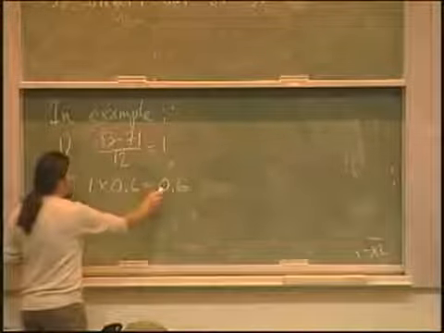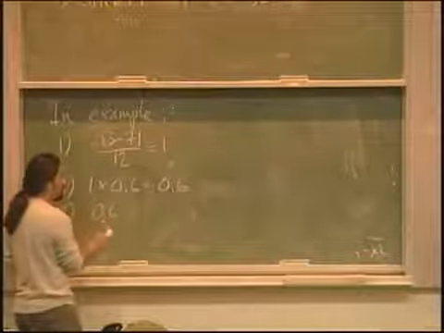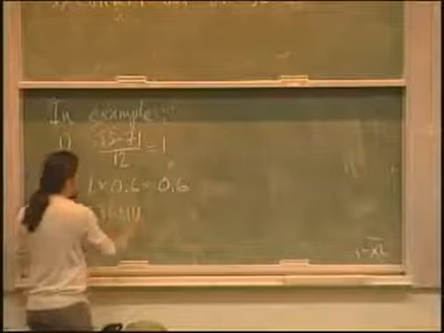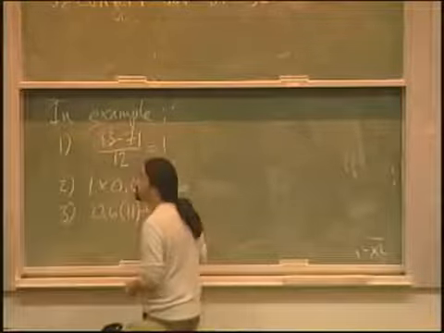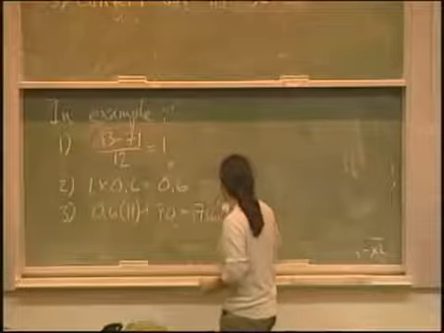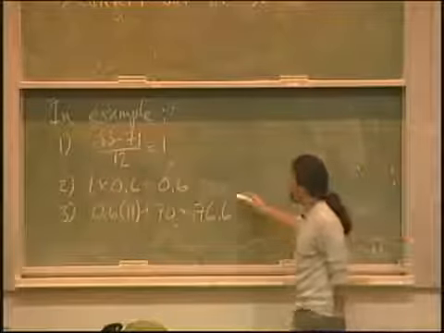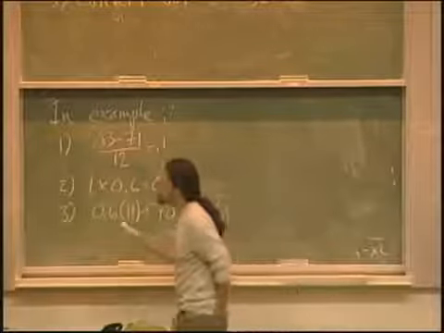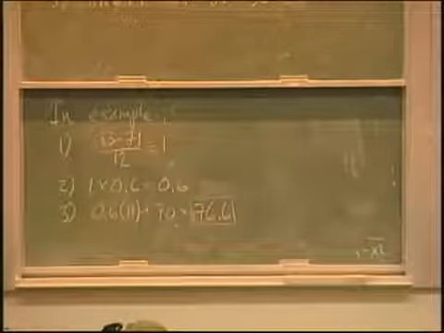This means 0.6 SDs above average. So 0.6, and it's for a final score, right? So 0.6 SDs, that's the final SD, plus the average of the final scores is 70, gives me a final score of 76.6. OK, so that's my prediction. If you want to go back to the picture, that's this point here.